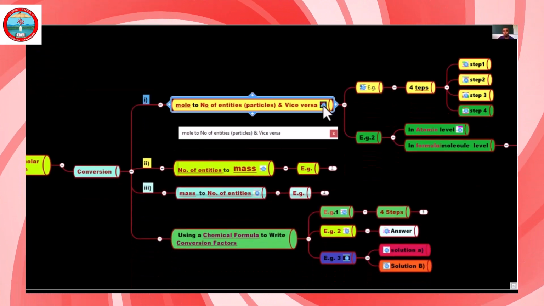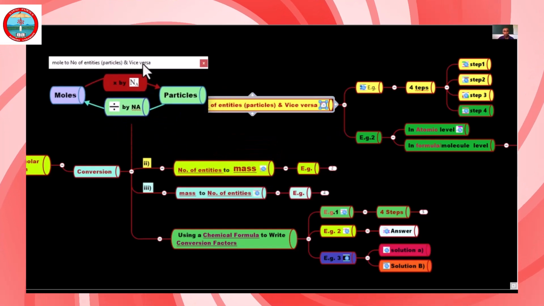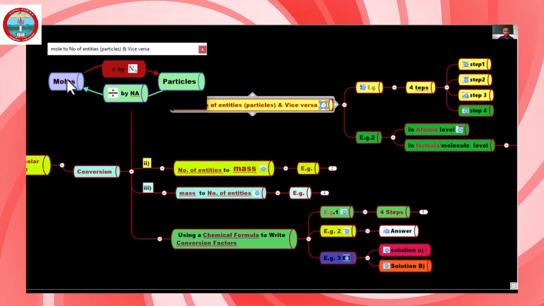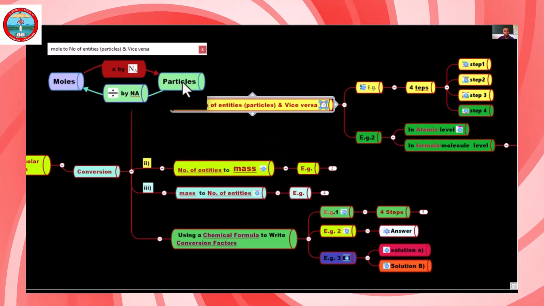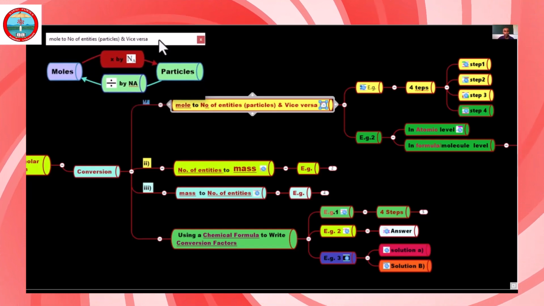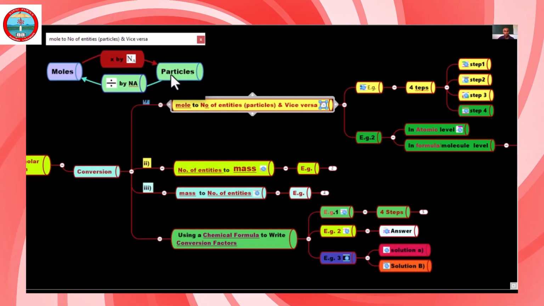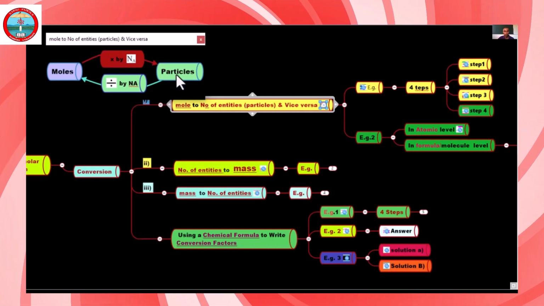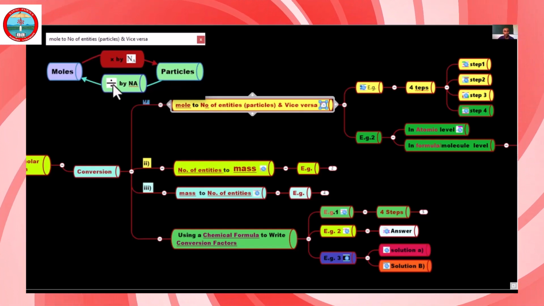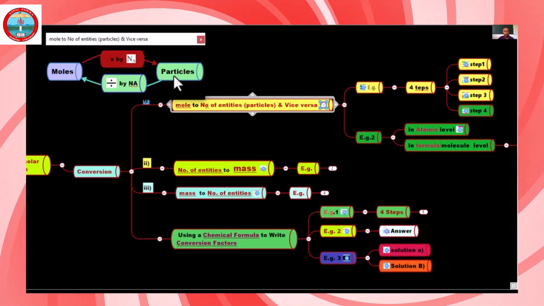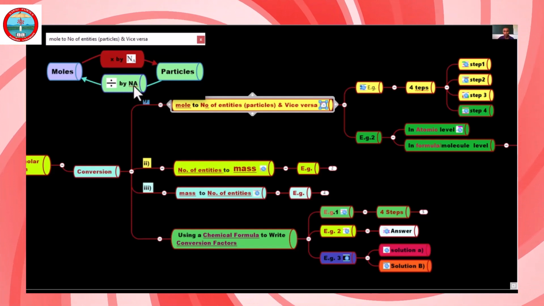We can use this relation to change the given moles into the number of particles by multiplying the given moles by the Avogadro number, and to change the given amount of particles into moles, we divide the given particles by the Avogadro number.